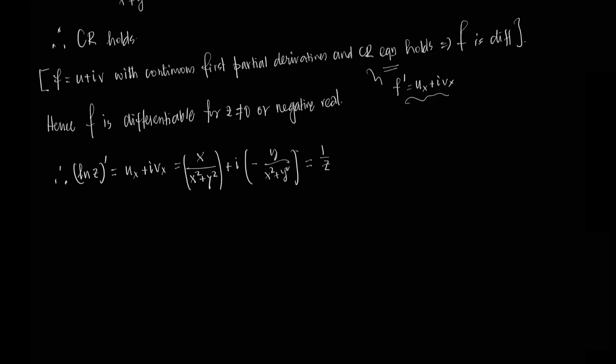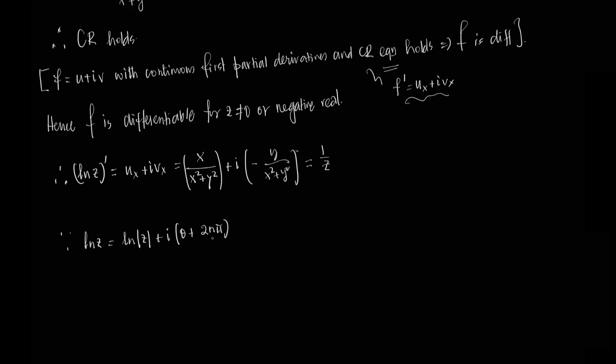Yeah, right. And you see, for every one multiple, since log of z, what is log of z? Log of z is nothing but log of mod z plus i times theta plus 2n pi, right? That is what we have.